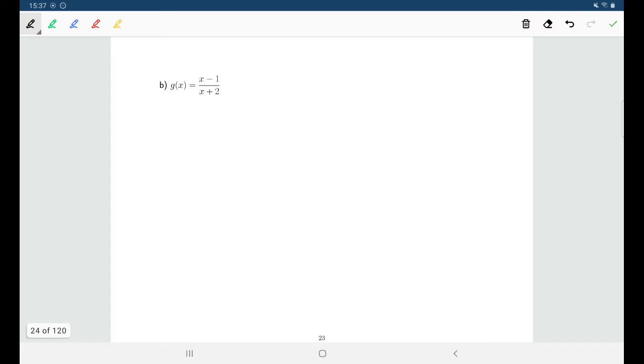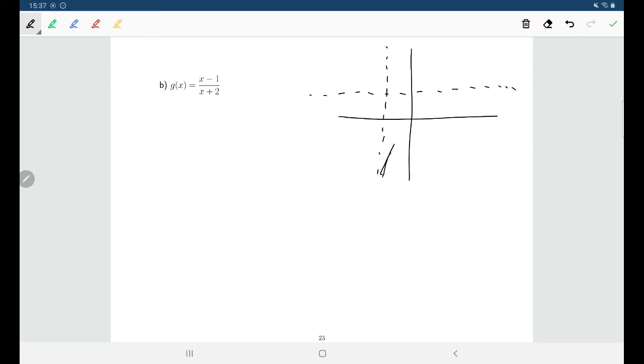g of x is less obvious, and for that you would have to use your skills in graphing rational functions. If you did that, you would find that for this function, g of x, it has a vertical asymptote and a horizontal asymptote, and looks a little something like this.